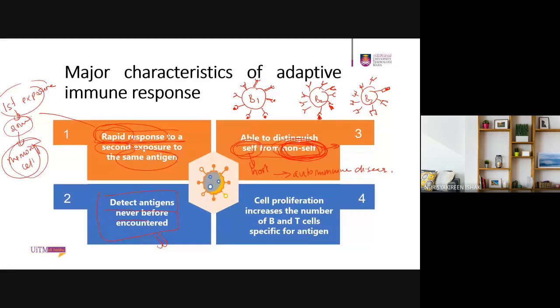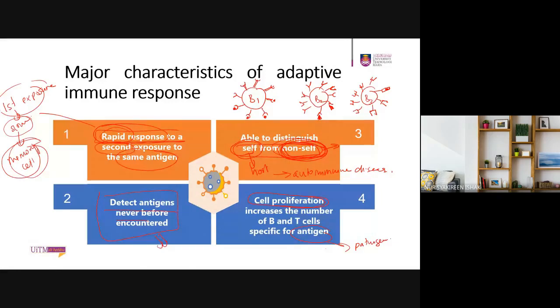Okay, number 4, cell proliferation. Increases the number of B and T cells specific for that antigen. So this is the antigen of the foreign molecule, the antigen of the pathogen. So what does cell proliferation mean?